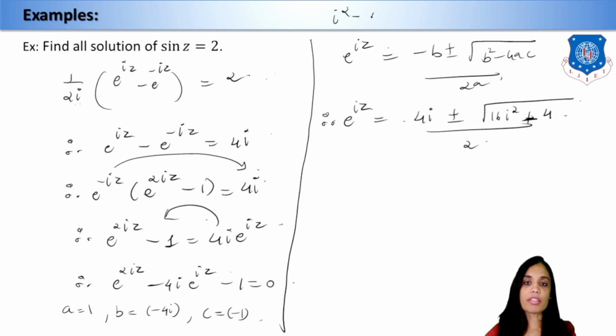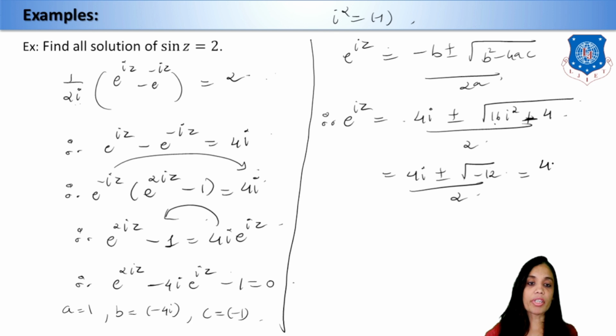We know the value of i square, that is minus 1. So we will get 4i plus or minus under root of 16 plus 4, so under root of minus 12, upon 2. Furthermore, if I simplify this, 12 can be written as what? Plus or minus 2 root 3 i. Because we have minus also, so i will come, upon 2.